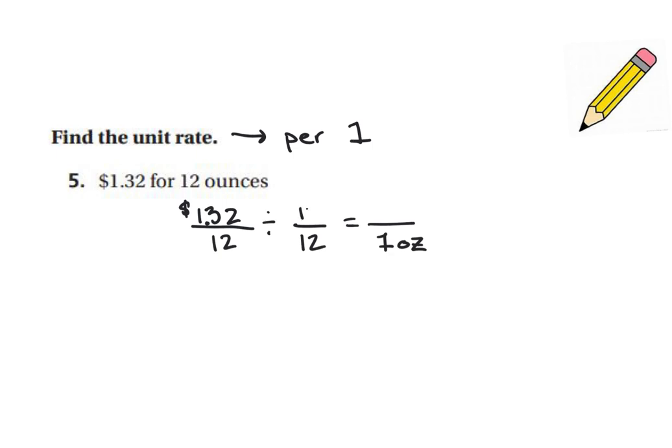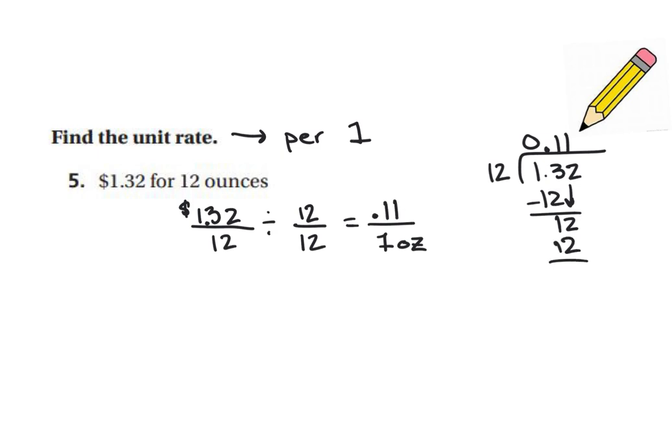So we do the same thing to the top, 132 divided by 12. 12 doesn't go into 1, it goes into 13 once. 12 goes into 12 once, and there's no remainder, so we get 0.11, or 11 cents per ounce.